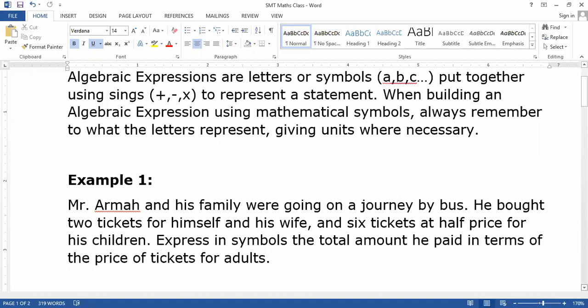He bought 2 tickets for himself and his wife, and 6 tickets at half price for his children. Express in symbols the total amount he paid in terms of the price of tickets for adults.